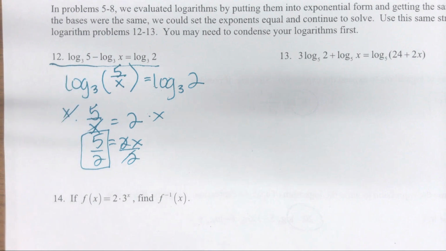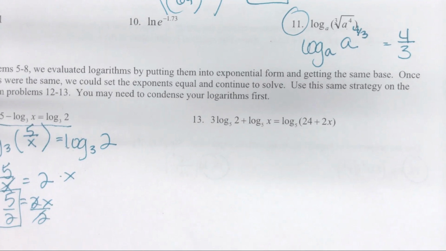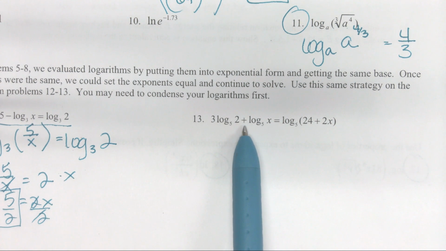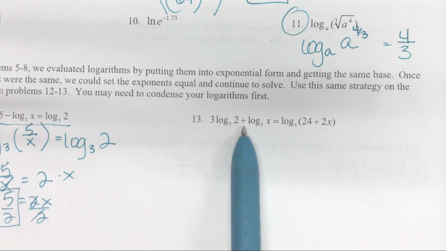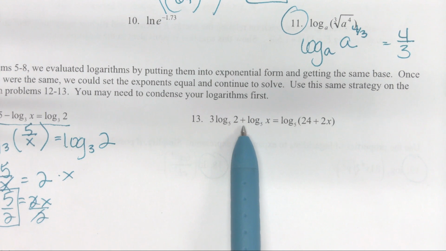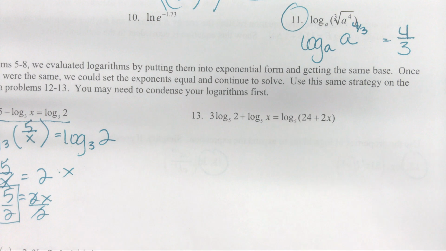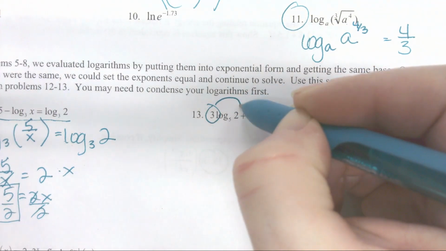All right, let's try question 13. If this is addition right here, how can I rewrite it as a single logarithm? Multiplication. Also, we have this 3 in front, right? Can't we put that back there?